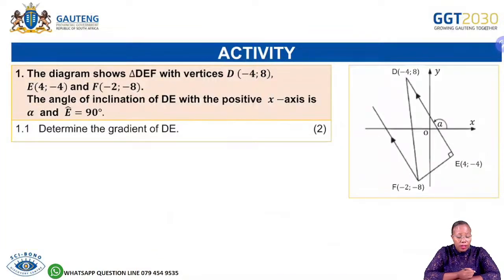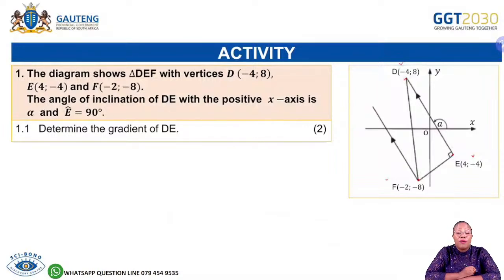And now here we have our first activity. The diagram shows triangle DEF. This is the triangle we are referring to, DEF, with vertices D with coordinates -4 and 8, point E with coordinates 4 and -4, and point F with coordinates -2 and -8.